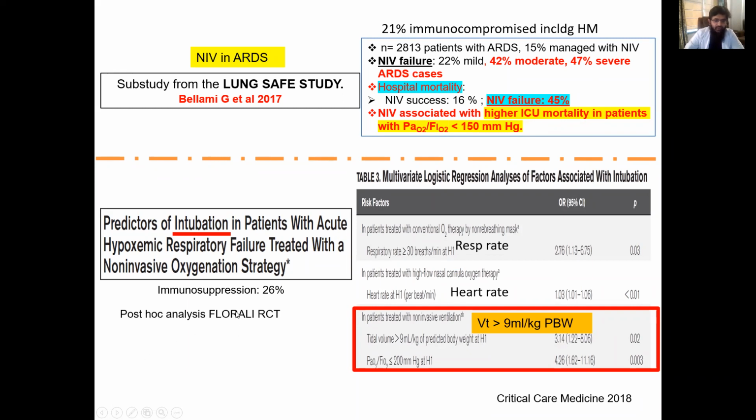In a post-hoc analysis of a RCT looking for predictors of intubation in patients with hypoxemic respiratory failure, they found that besides respiratory rate and heart rate at 1 hour of therapy, in patients on NIV, a tidal volume of more than 9 ml per kg at the first hour of therapy and a PF ratio less than 200 had a high odds ratio for intubation. So they found that a high tidal volume can be harmful for the patient, as we are now seeing patients with spontaneous self-inflicted lung injury in COVID. So a tidal volume of more than 9 ml per kg can be detrimental for the patients.